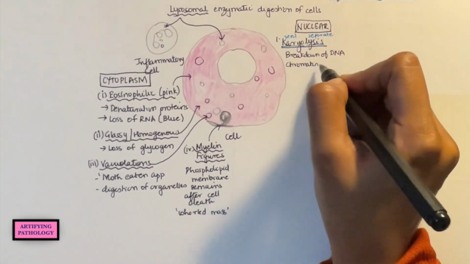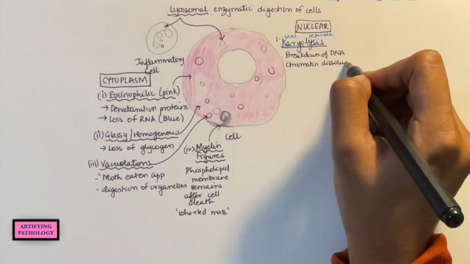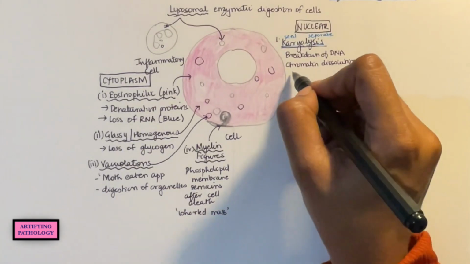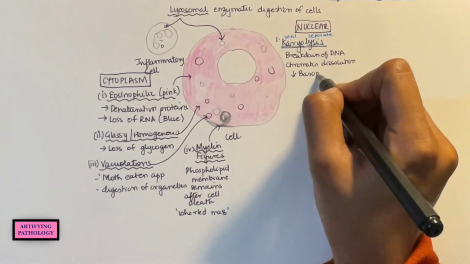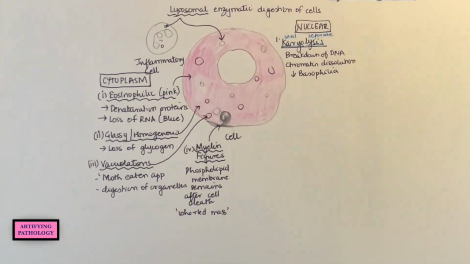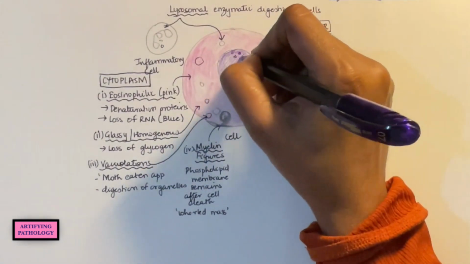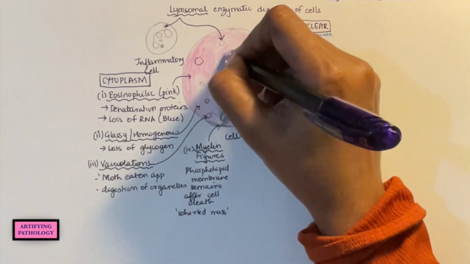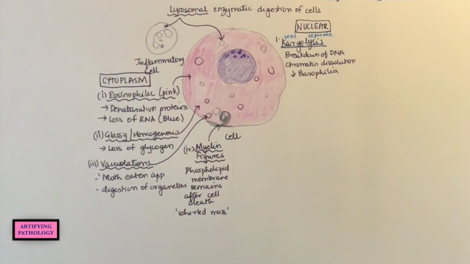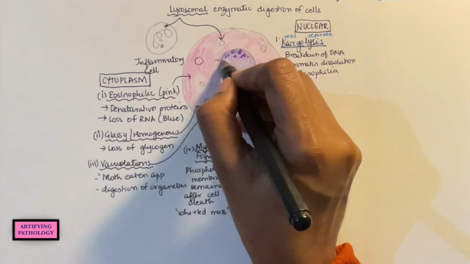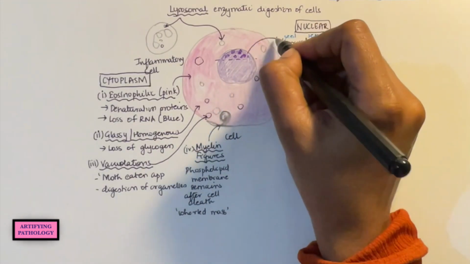There is chromatin dissolution, and this will decrease the basophilic nature of the nucleus. So as the cytoplasm is eosinophilic, the nucleus is basophilic, meaning purple in color. So here I have shown the breakdown of the nuclear contents. This is karyolysis.